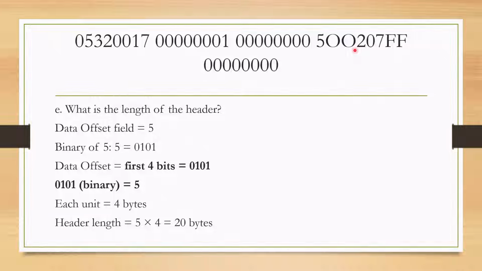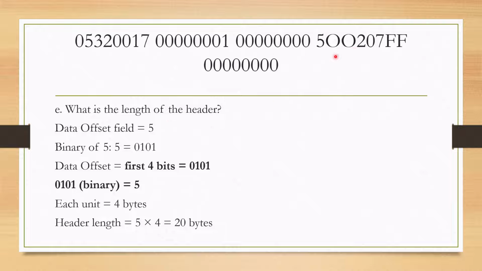First it is written in the data offset field, and data offset is equal to the number of 32 bit words, 32 bits being 4 bytes, in the TCP header. This field is 4 bits long and is the first 4 bits of the hex value. So first we need to convert the hexadecimal to binary, only the first digit.